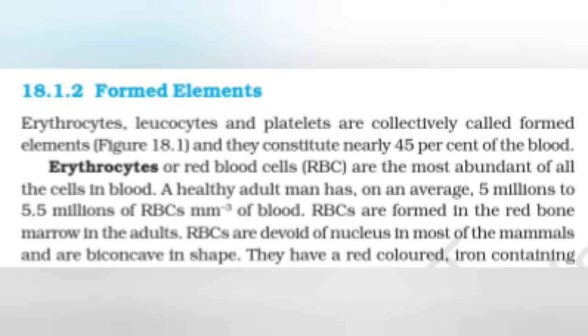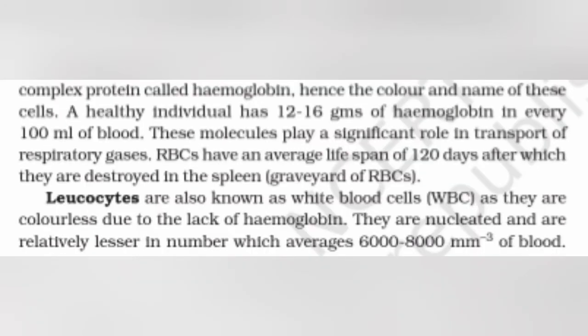RBCs are formed in the red bone marrow in the adults. RBCs are devoid of nucleus in most of the mammals and are biconcave in shape. They have a red colored iron containing pigment known as hemoglobin, hence the color and the name of these cells.